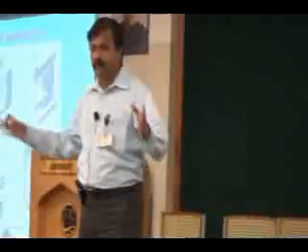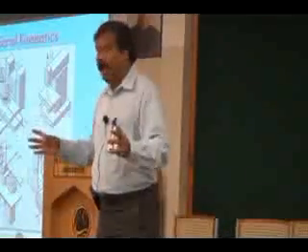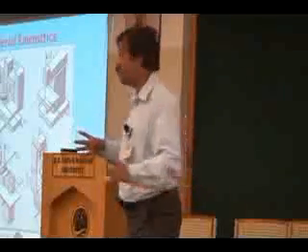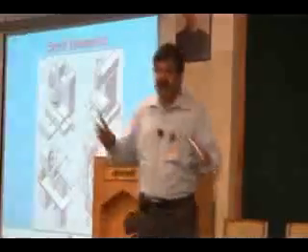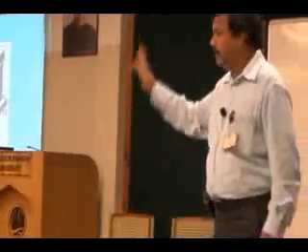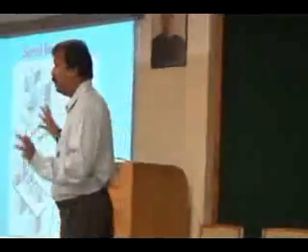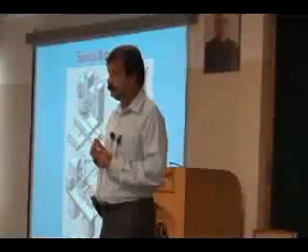All the machines that you see today are what type of machines? Serial kinematic machines. All the machines, like your drilling machine, like your milling machines, lathes, all the robots, they are all serial kinematic machines.